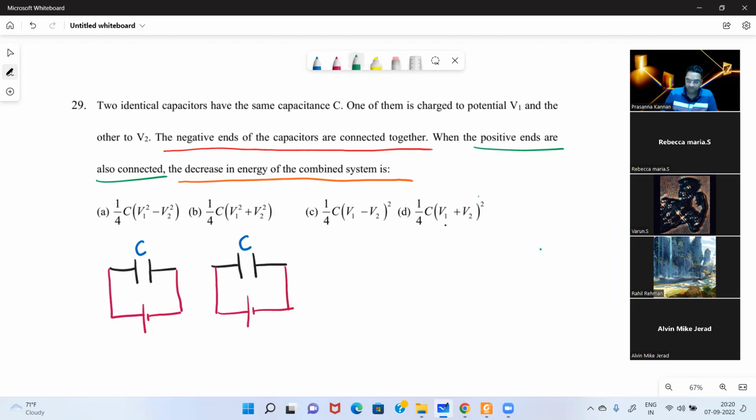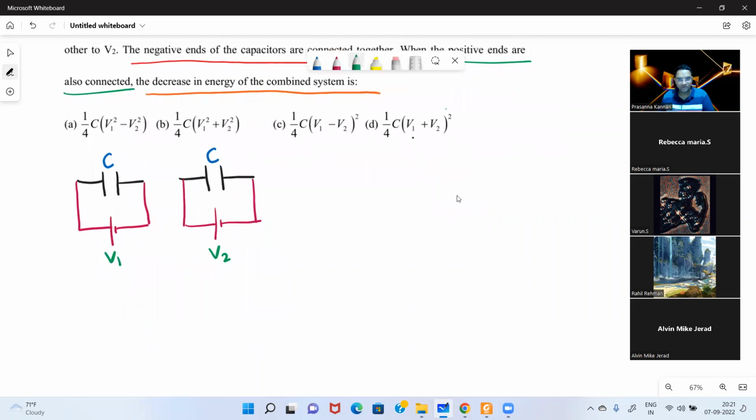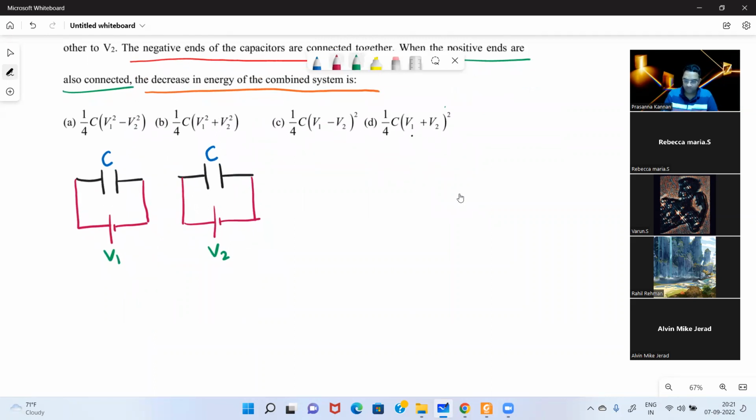One would be charged up to V1, another is charged up to V2, correct? And then we must have disconnected the battery, right? But the capacitors will still hold the charge even if the battery is disconnected, correct?